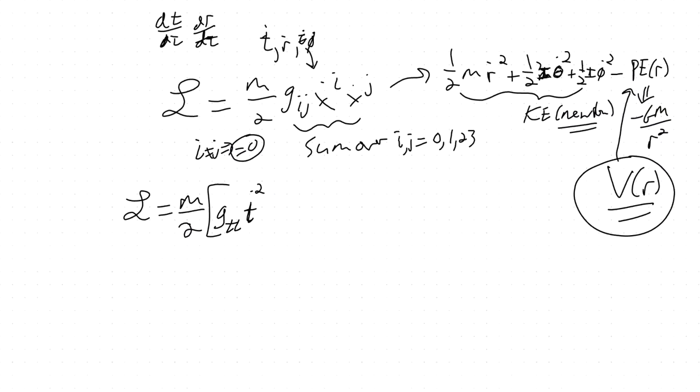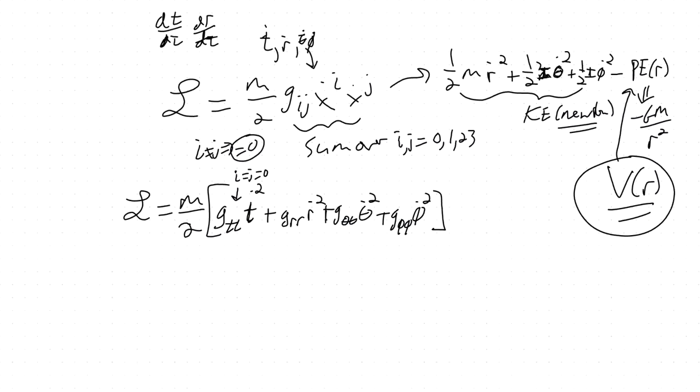So xi is x0, xj is x0. So this is i equals j equals 0, which is t, plus g_rr r dot squared plus g theta theta theta dot squared plus g phi phi phi dot squared.